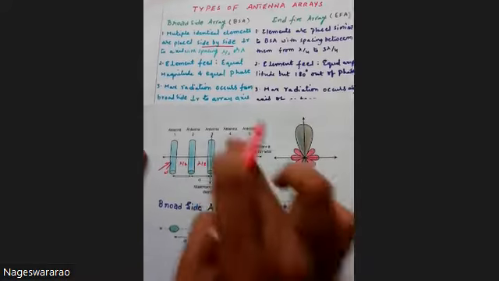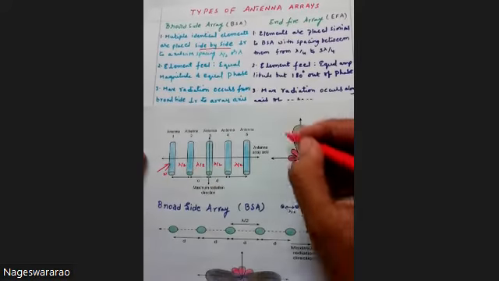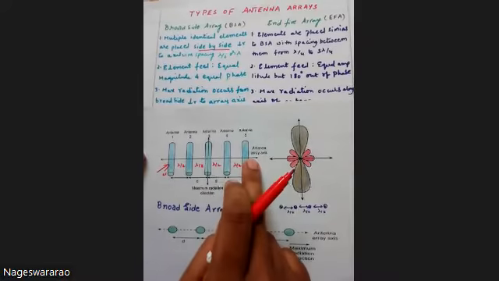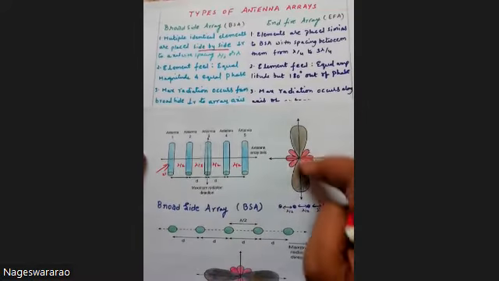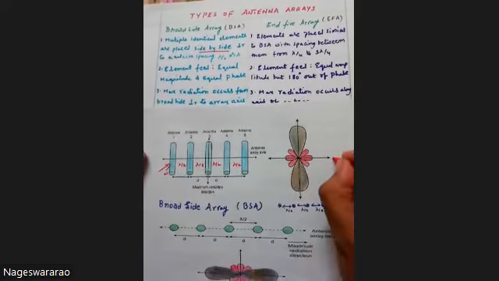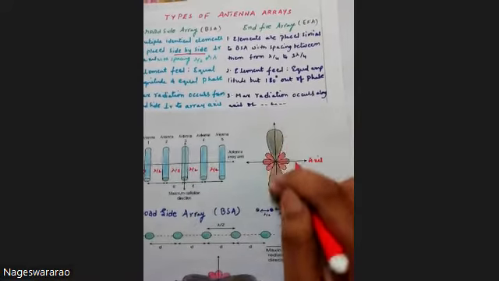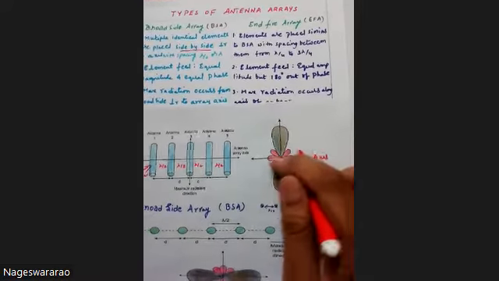So for such type of input, how do I get my output radiation pattern? See here, for this type of broadside arrangement, this is the way we get our radiation pattern. As this is the axis of antenna, exactly perpendicular to the antenna axis, we will get our output radiation pattern like this.